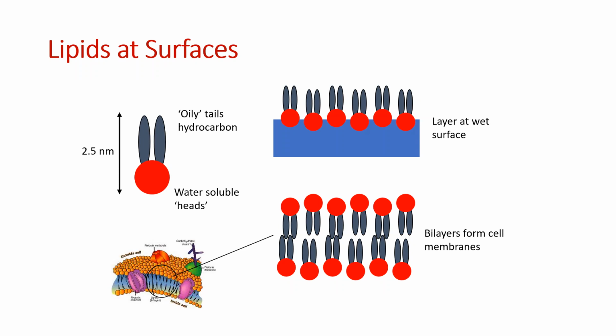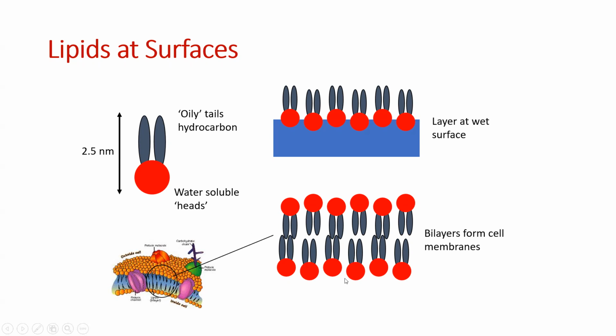If you have them at a surface that's polar and you surround them with water, they may well form a bilayer, and they will form membranes. So they will form components of cell membranes.